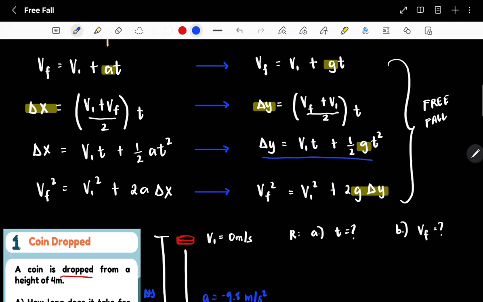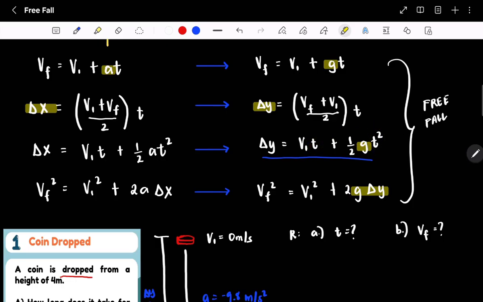Why? If you look at kinematic equation number 3, it has delta y, which is something that we know already, velocity initial, which is 0, g, which is a constant, and the variable time, which is the unknown.